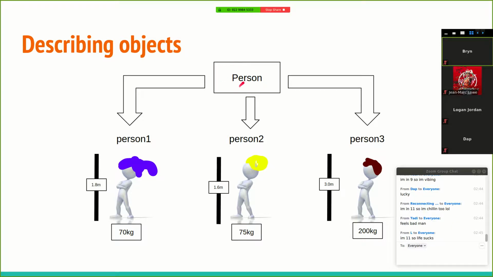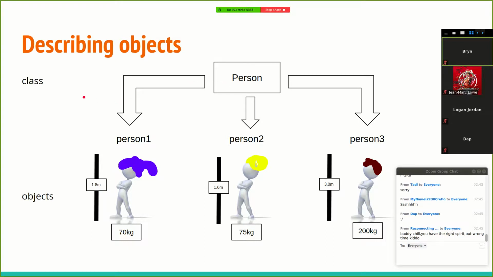Guys, quiet, please focus because we want you to get it. I don't want to have to explain it again. So we've got a class called person, and today we created a class called rectangle.